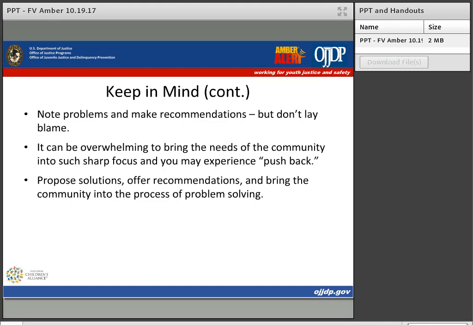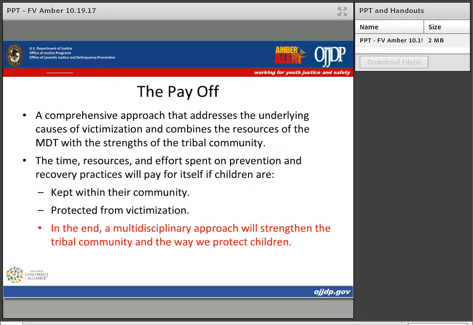Don't lay blame on others. And expect pushback. There are going to be people in every community, whether it's tribal or not, that are going to push back, and you need to be prepared for that. If you propose solutions, you offer sound recommendations, and if you bring the community into the process, then you're going to have a greater chance of success.